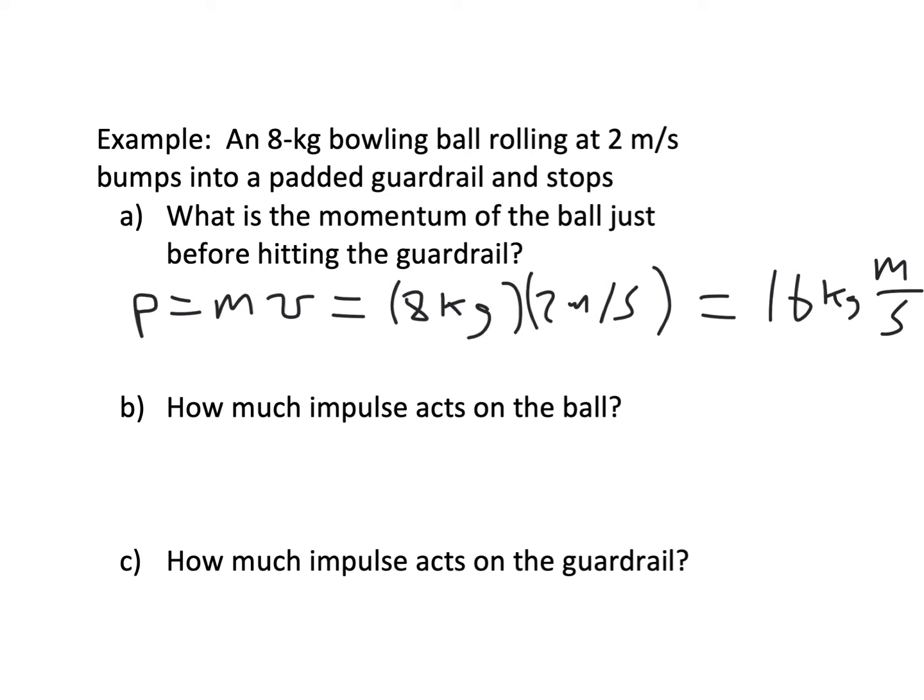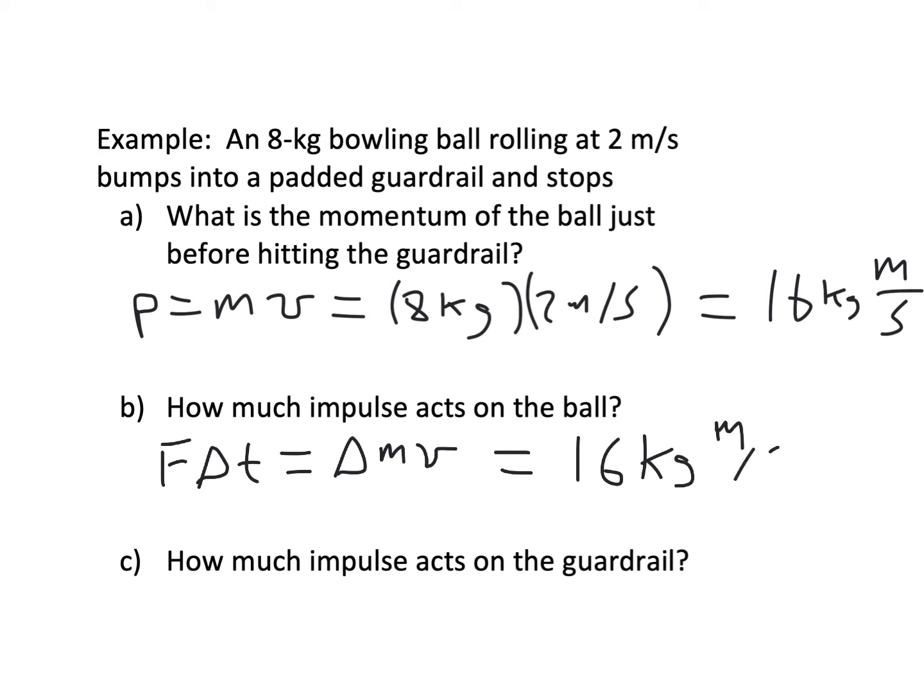And so that's how much impulse has to apply to affect that change in momentum. In other words, we know that the impulse, which is F average delta t, is equal to the change in momentum, which in this case is just that same 16 kilogram meters per second.